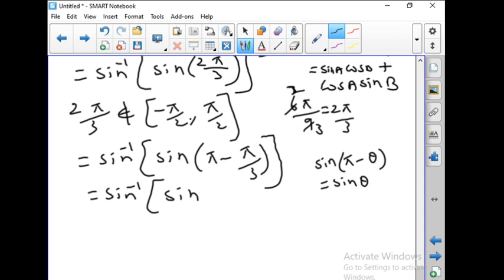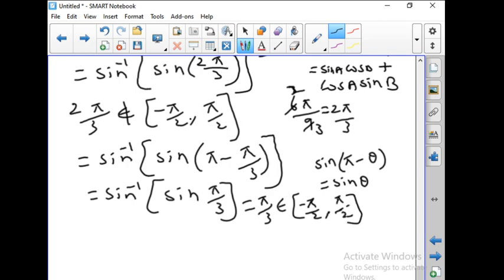So it is sin pi by 3. Now sin inverse and sin get cancelled. So what is our final answer? It is equal to pi by 3, and pi by 3 belongs to the domain minus pi by 2 comma pi by 2.